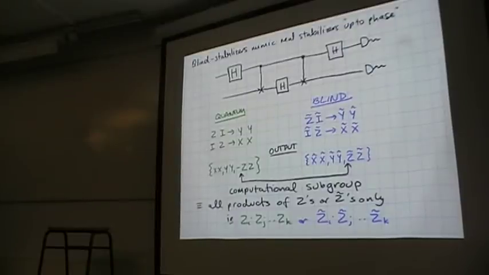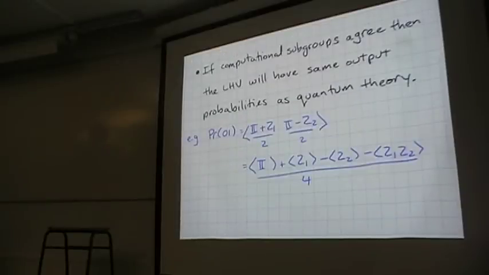And they are the things that determine what the statistics are for measurement in the computational basis. I'm only interested in final measurements in the computational basis. To see that, well, if I wanted the probability of obtaining a 0 on one qubit and a 1 on the other, here would be the projector onto 0, here would be the projector onto 1 for the second qubit.